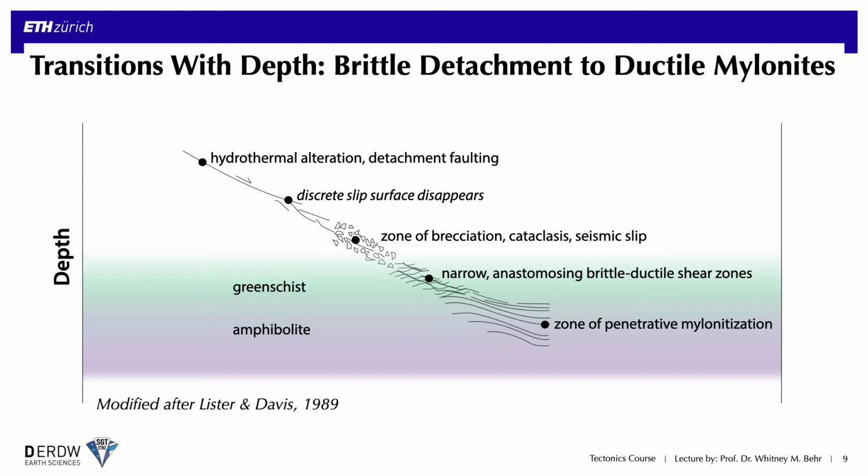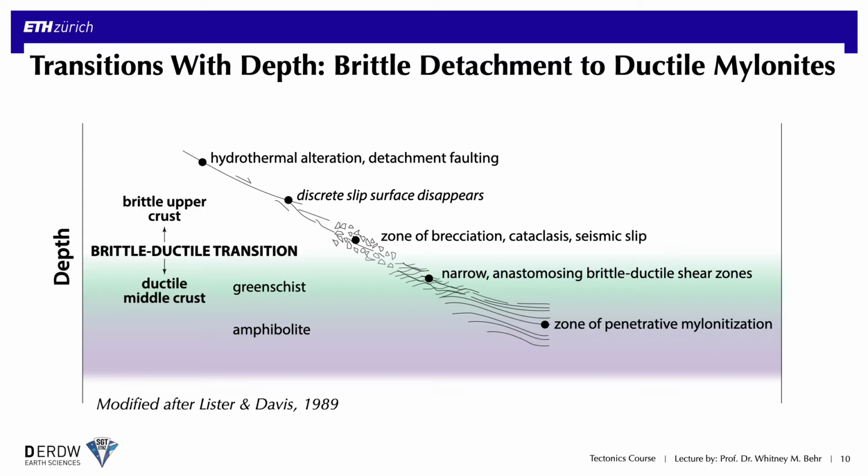We see at the top a zone of very discrete faulting decorated with hydrothermal alteration that grades downward into a zone of brecciation, cataclasis, and seismic slip that grades down further into shear zones that are both brittle and ductile and that show evidence for greenschist facies metamorphism. And then finally, it grades down even further into a zone of widely distributed and penetrative ductile deformation, forming mylonites that show evidence for amphibolite facies deformation.